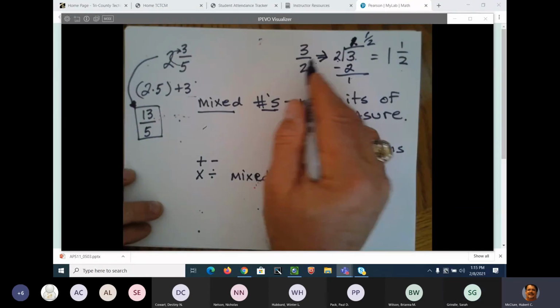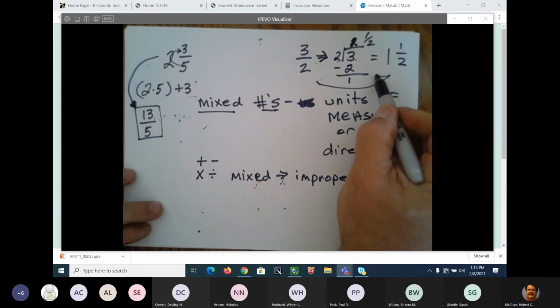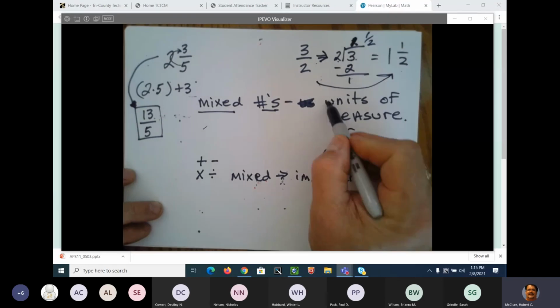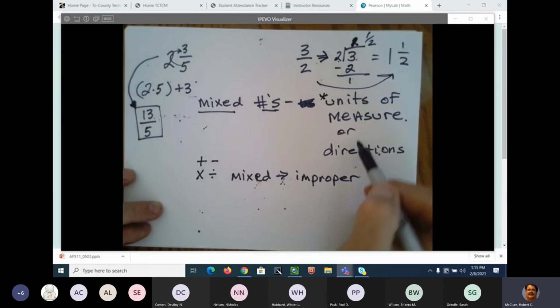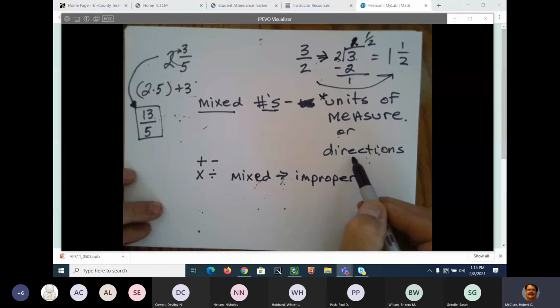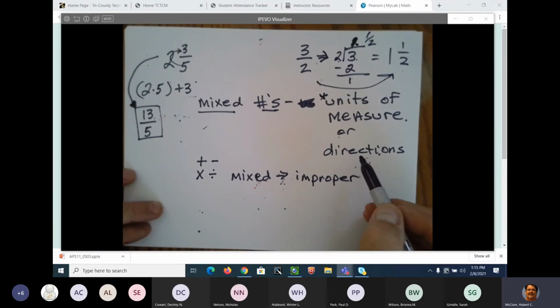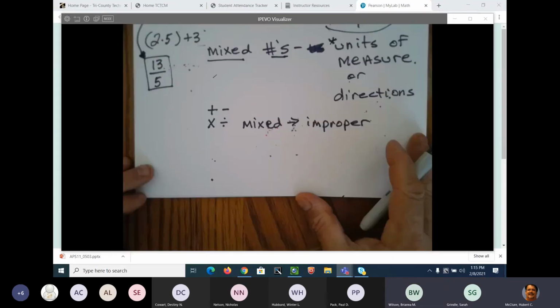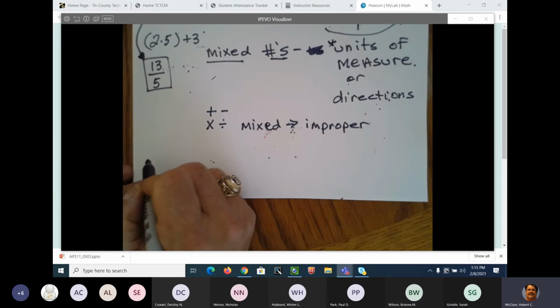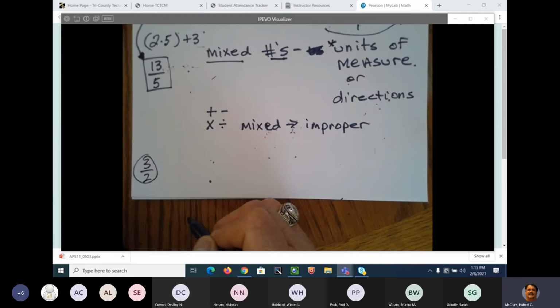And the only time you need to do this is with units of measure, or the directions tell you to. Now, there'll be times when you'll ask me a question, and I'll leave it. I'll say the answer is 3/2. And you'll say, well, don't you have to change that to a mixed number? And I'll say, no. There's not a unit of measurement.